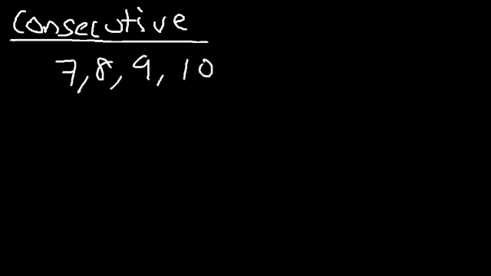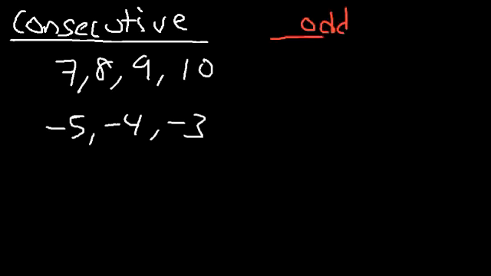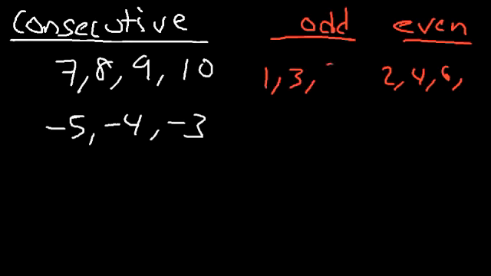Consecutive negative integers would be like -5, -4, -3. And then you need to know odd numbers and even numbers. Even numbers are like 2, 4, 6, 8, and so forth. Odd numbers are like 1, 3, 5. Now, if you hear the phrase consecutive even integers, that would be like 2, 4, 6, 8, 10, and so forth. Those are consecutive even integers.